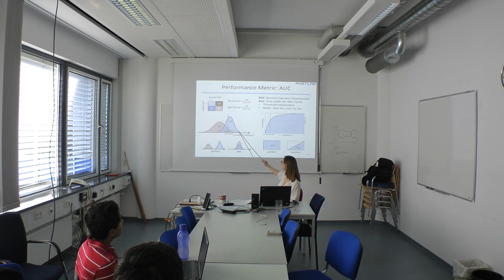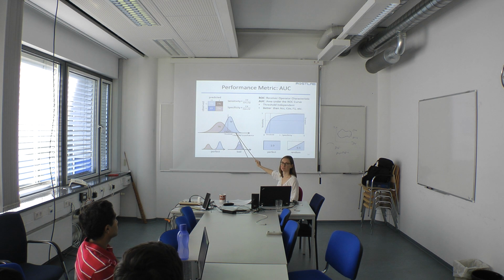So at 100% confidence, we have maybe 2 predictions that are true. At 90% confidence, we have maybe 5 that are true, and this is how it's done. And then by moving the threshold, you can plot such a curve. So this is something that we will be going after when we do our classification.